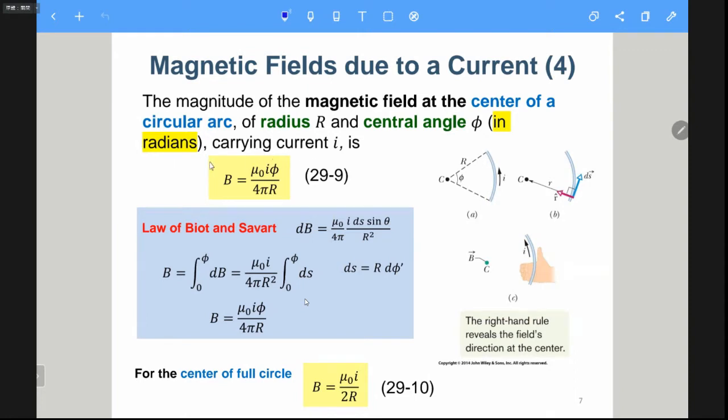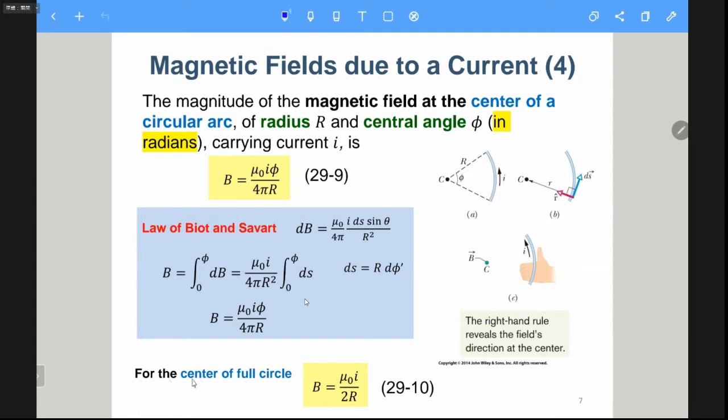Okay, so in radians, carrying current I, it is like this. A little bit different from the previous case. We have a term 4 here, and then we also multiply by 5. It looks similar, although you don't necessarily need to remember this.